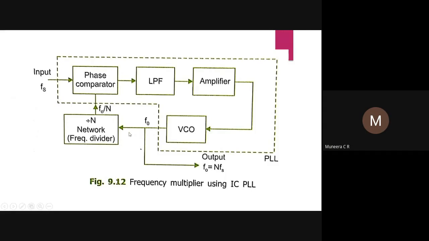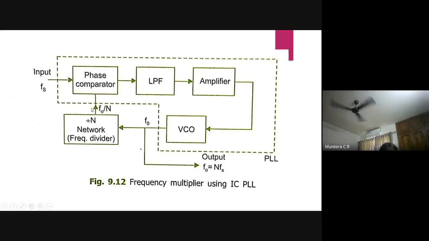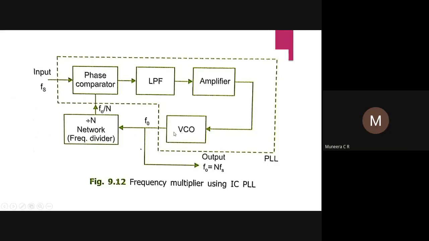So the output of the VCO, which is a square wave, is given to the frequency counter and it is divided by n and given to the phase comparator. So the phase comparator compares the input signal and the divide by n signal so that it produces an error voltage, so that after some time it will be able to lock with the divide by n signal and the input signal.